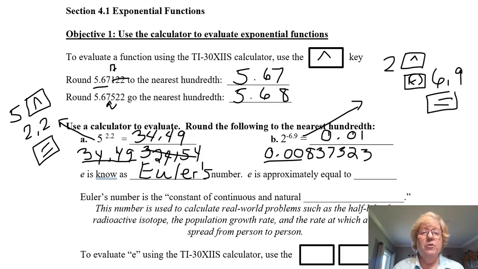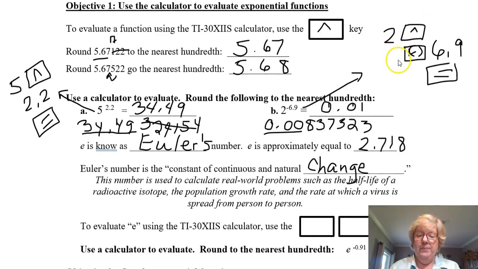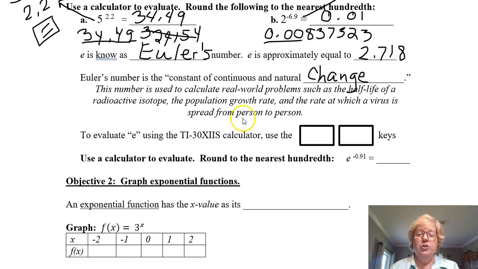It is irrational, like pi, and it is approximately equal to 2.718. Euler's number is what we call the constant of continuous and natural change. It is used when studying population growth or how quickly a virus may spread. You'll see here that the number is used in real-life problems.